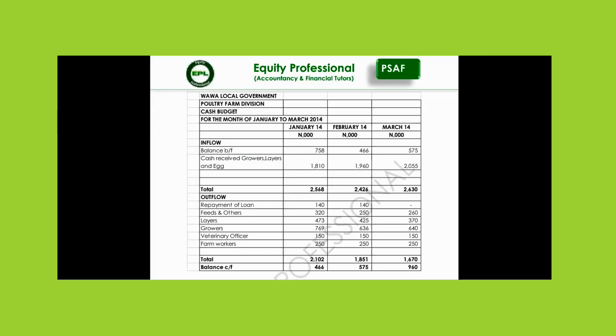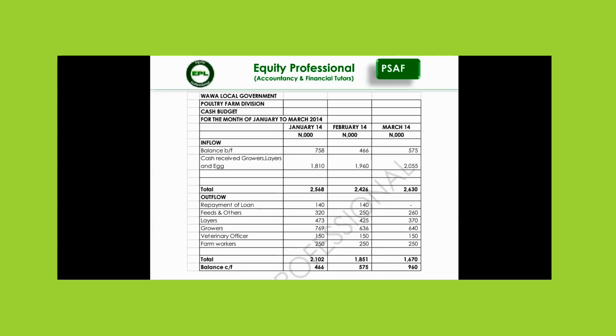The total outflow for January is 2102. So the difference between the total inflow and the outflow is 466. That is the closing cash balance in January. Where do we take it to? February, as the opening balance.